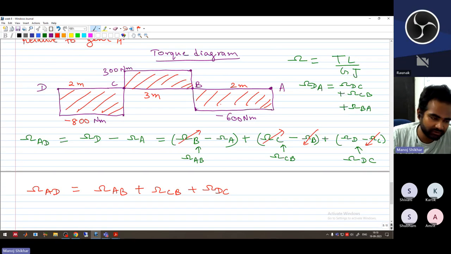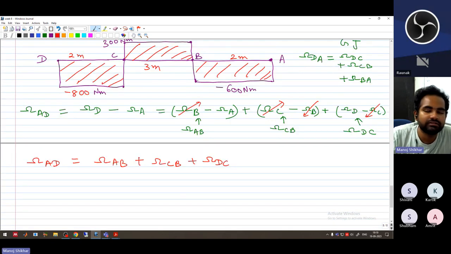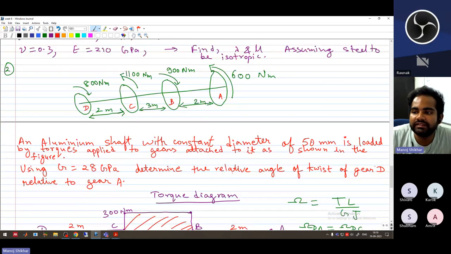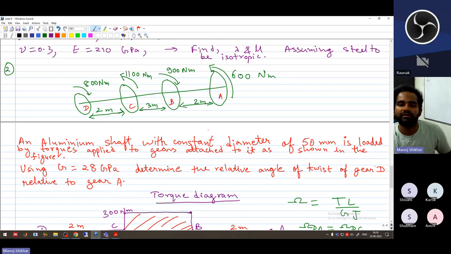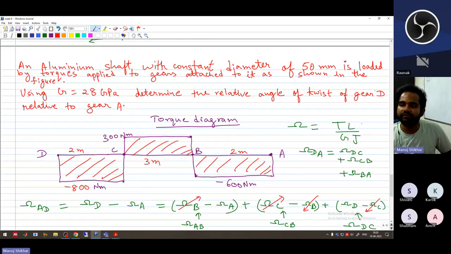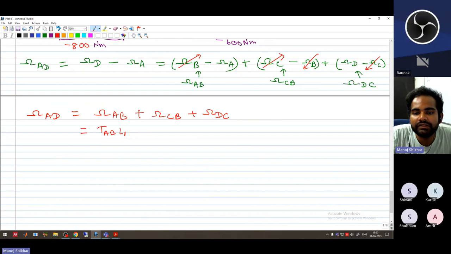You can see minus 600 Newton meter. Length is 2 meter. And since the material as well as the diameter of this shaft is not changing, the GJ is constant for all of them. So I can also write it as TAB LAB by GJ. Just for the general case, I will write GAB and JAB.